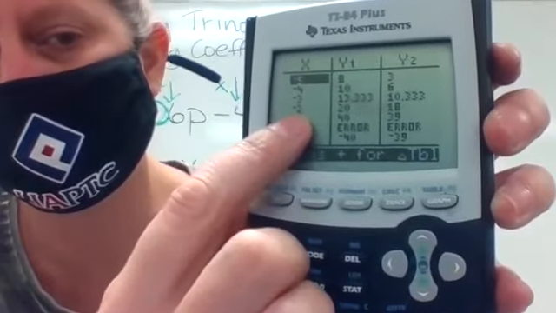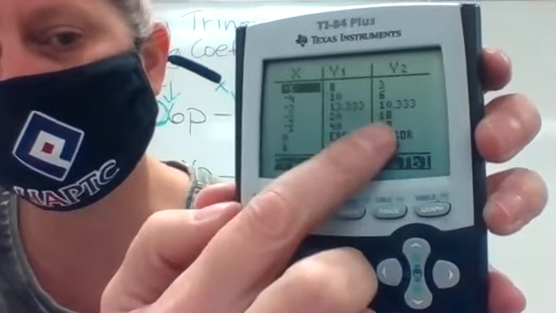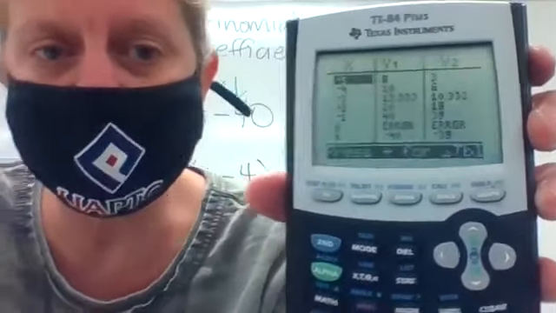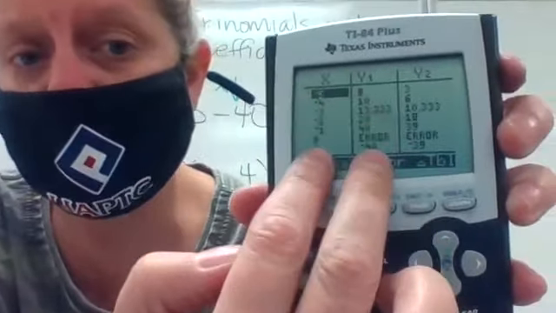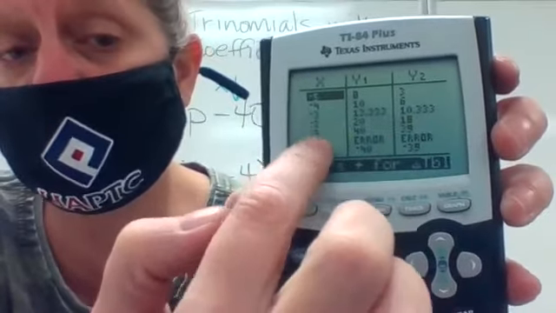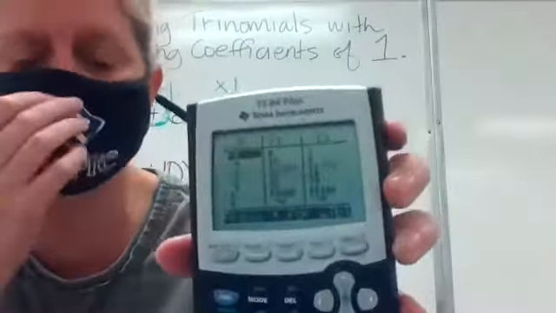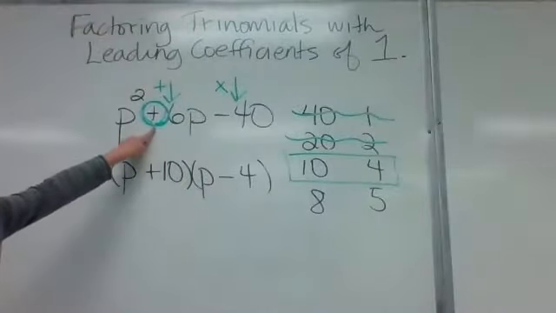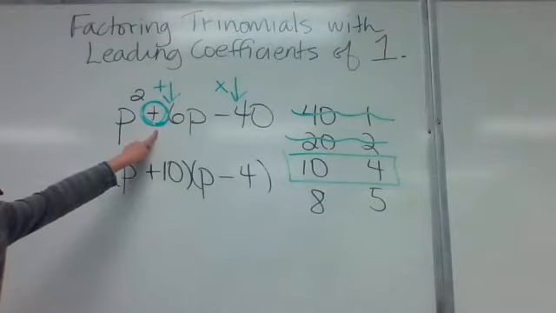Negative 2 plus 20 is 18. So here's what I'm saying: the first two columns multiply to give you negative 40. The third column adds the first two columns together, which means in this last column right here, I just need to look for the positive 6.